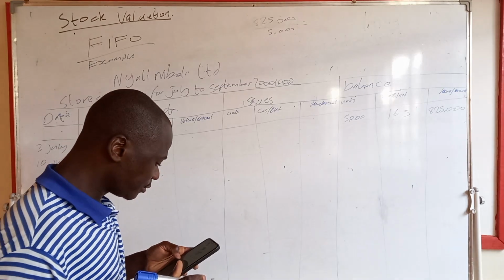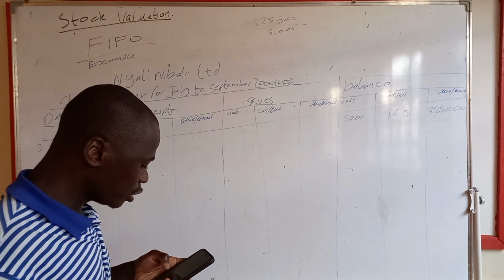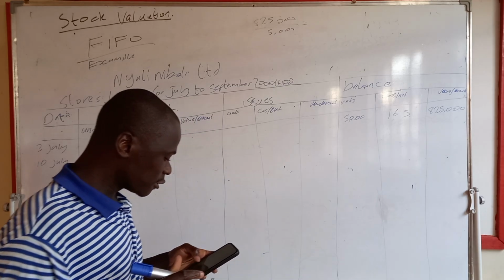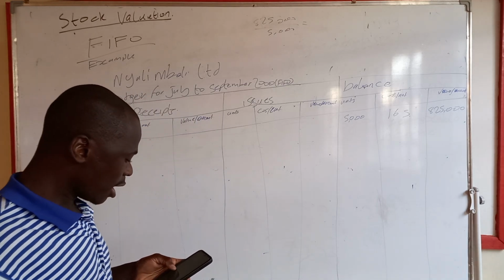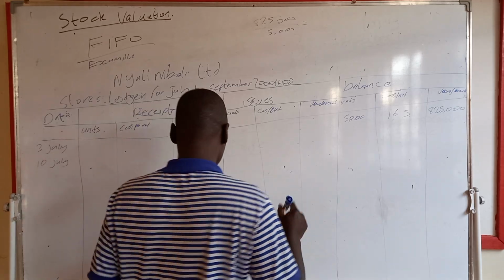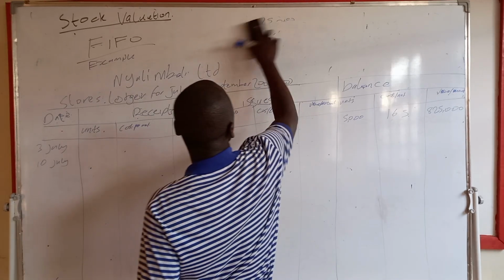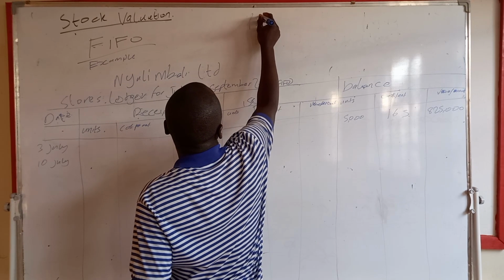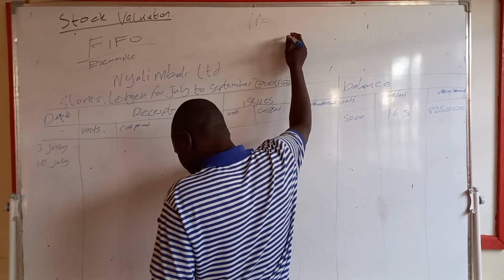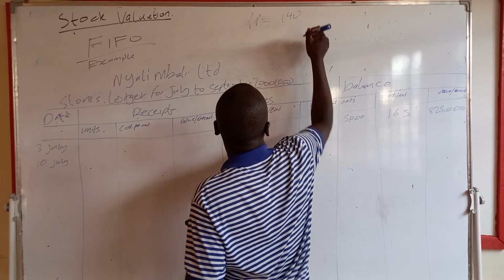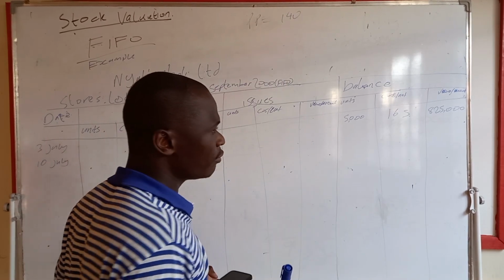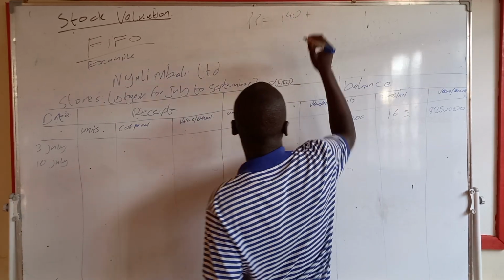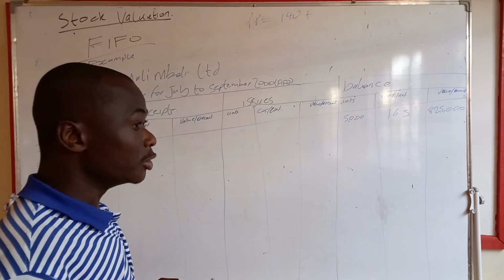But in addition, there was a freight and insurance charge of 5 shillings per tile. So each tile, the purchase price was 140. But what is the value of one tile plus the freight and insurance?